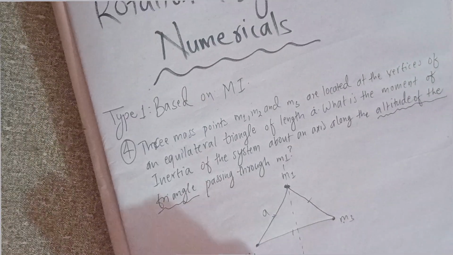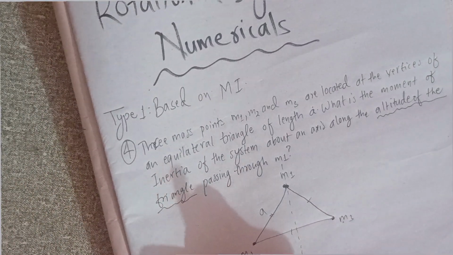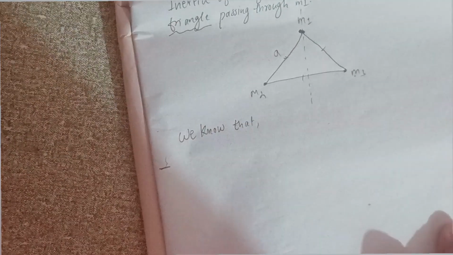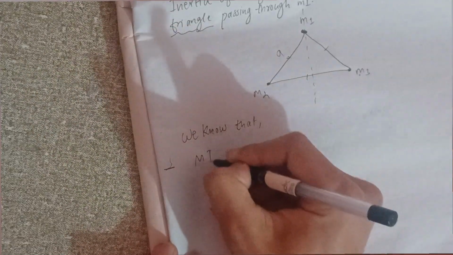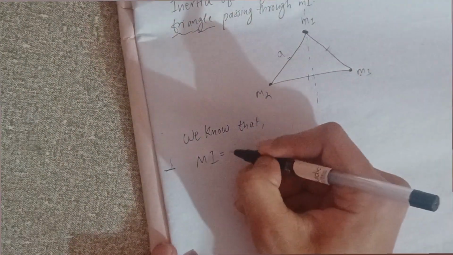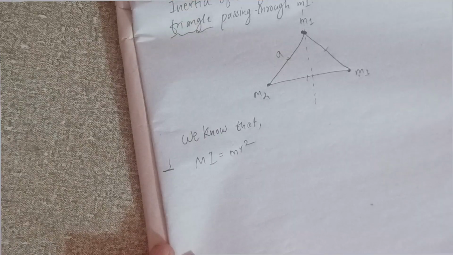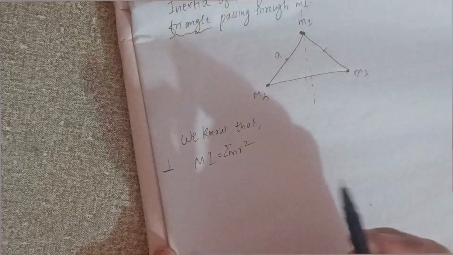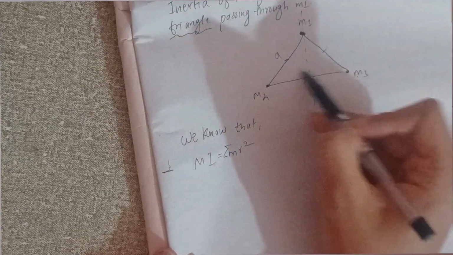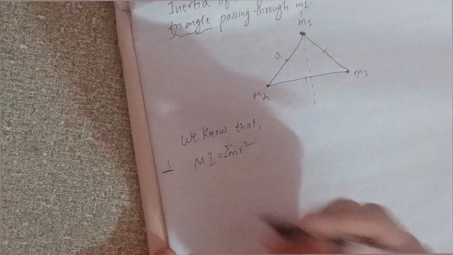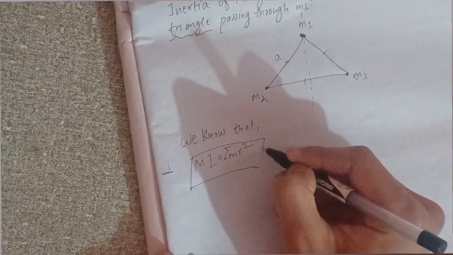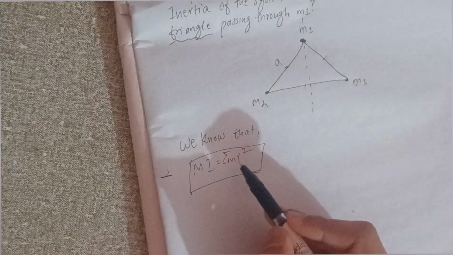So we know that moment of inertia is equal to mr square, or we can write summation of mr square here, because there are many masses. We know masses are given, but we don't have the radius.